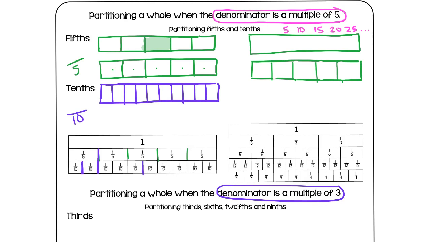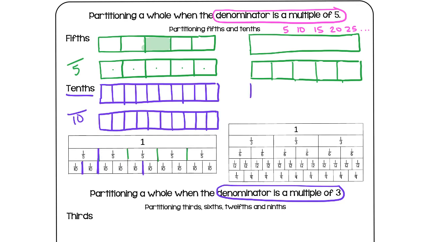So let's try that. We're going to draw our whole again and split it into fifths. So I'm going to take the piece out of the middle first, and then partition each of my larger sides in half to make fifths. But I need tenths, so I need to cut each of them in half, because 1/5 is the same as 2/10.